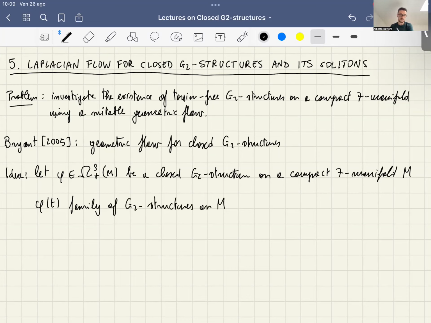And let us assume that this family of G2 structures evolves as follows.